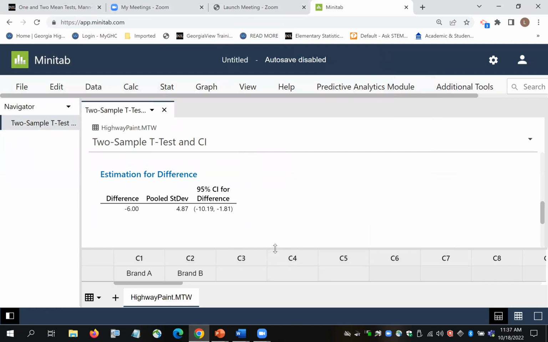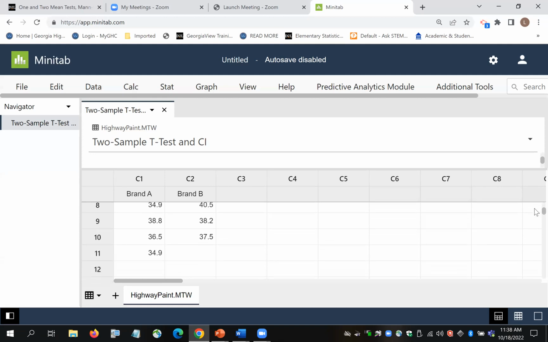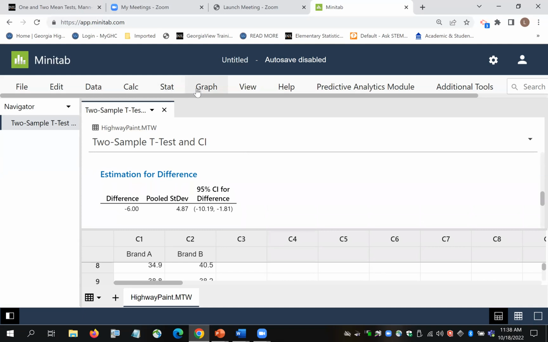In our data set, you have brand A paint and brand B paint, and the highway traffic engineer has recorded the number of months that the paint stays on the highway. Now notice one of them we have a sample of 11, the other we have a sample of 10. It's okay, they don't have to be equal. All right, so we have our data.